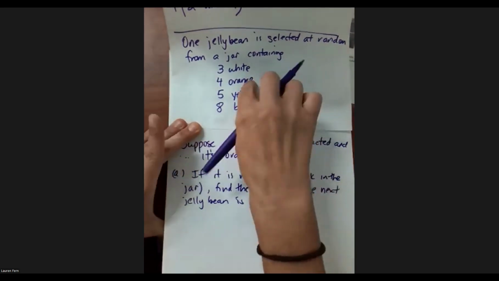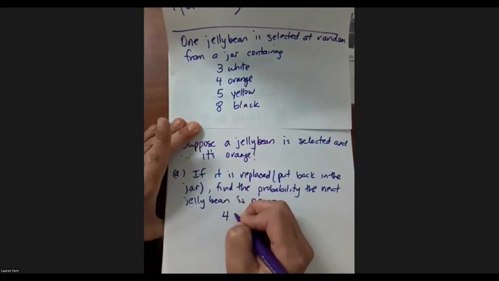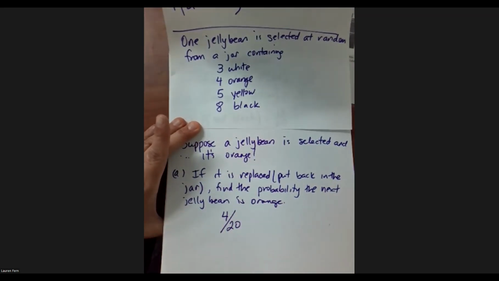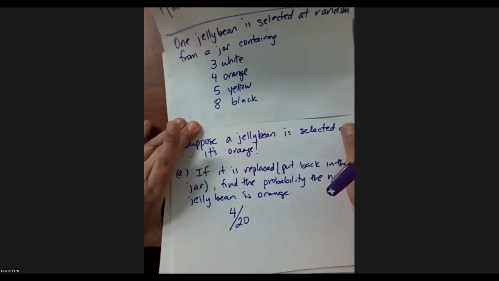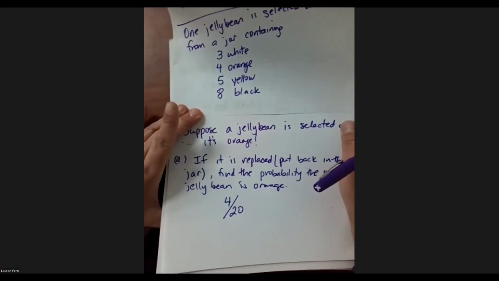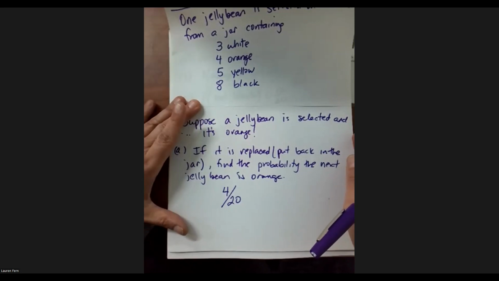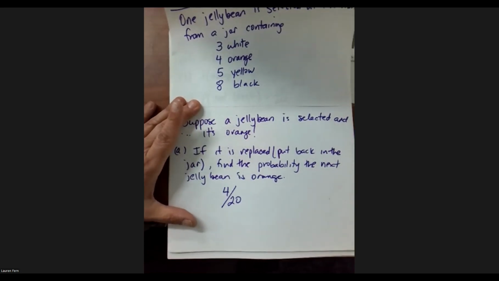We put it back, so there's still 4 orange jelly beans in the jar, and there's still 20 jelly beans in that jar. Yeah? Right, we're just picking one.